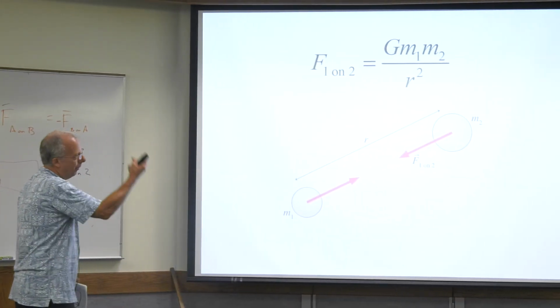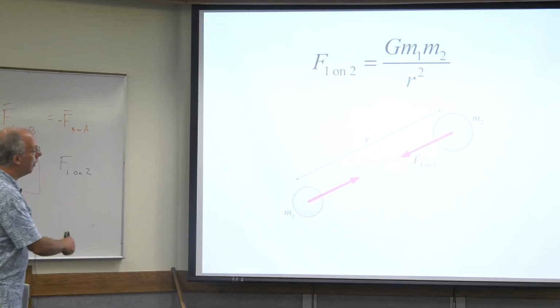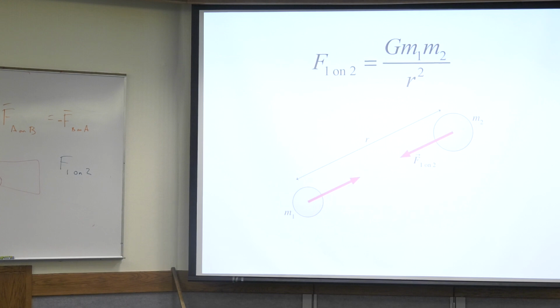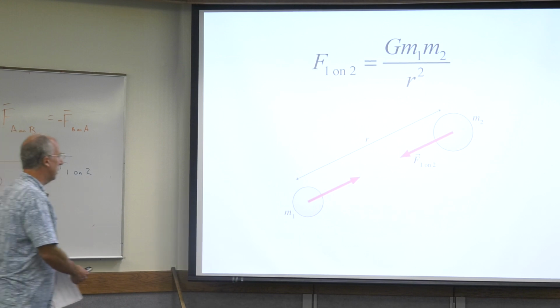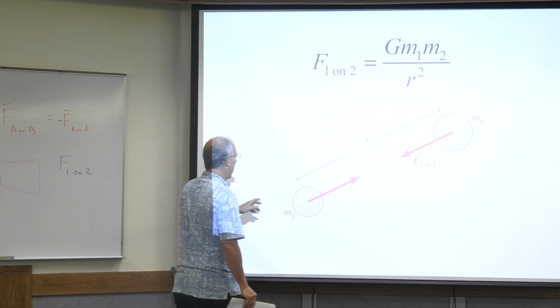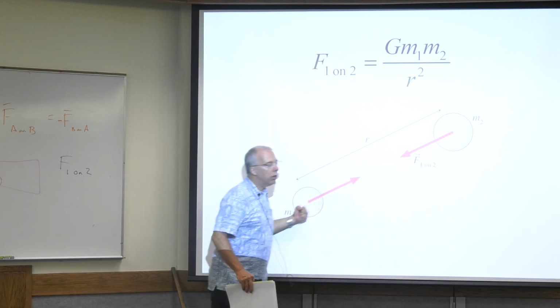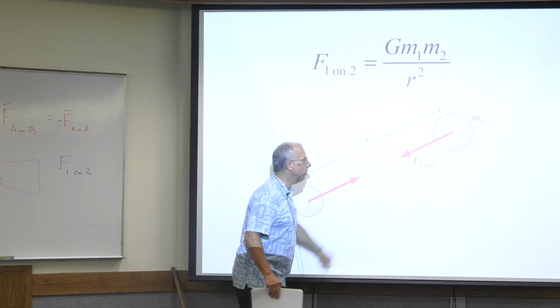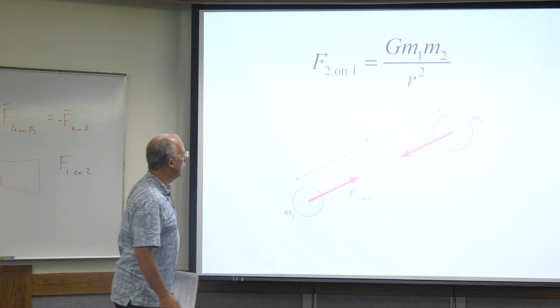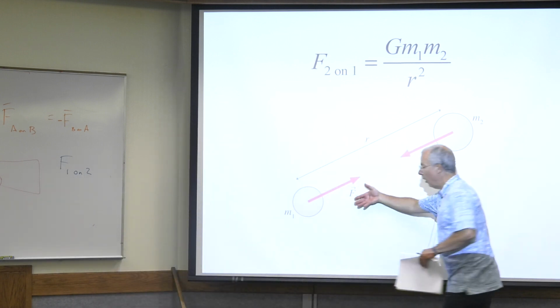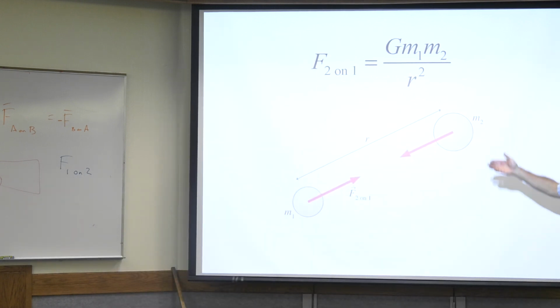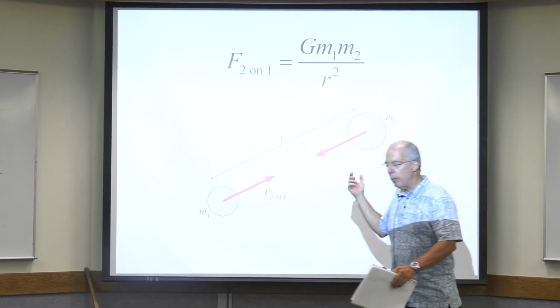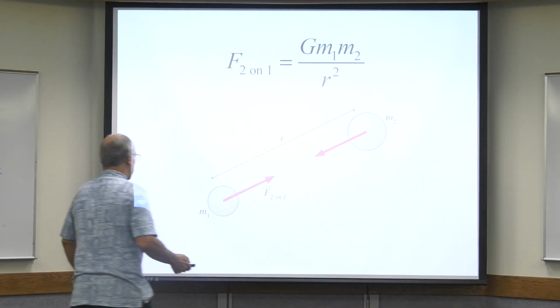Well, it's just Newton's law of gravity, G m1 m2 over r squared, because with 1 on 2, 1 is pulling on 2. Well, what's the force 2 on 1? Now we have 2 pulling on 1. Well, it's the same thing, G m1 m2 over distance squared.